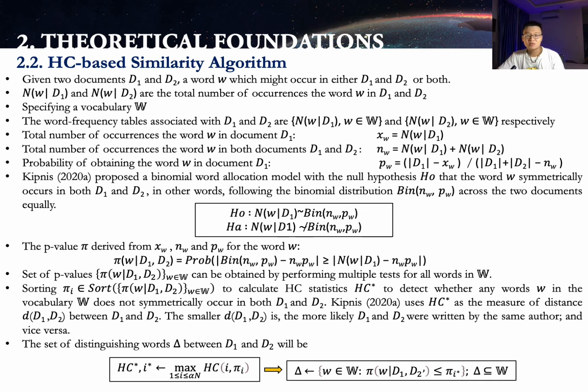If the distance between two documents, the XC statistic, is large, the two documents are different, and if the distance is small, the two documents are the same. From the cutoff obtained by calculating the XC statistics, he also derived delta, the set of author characteristic words, which is a very important property of the XC-based similarity algorithm.